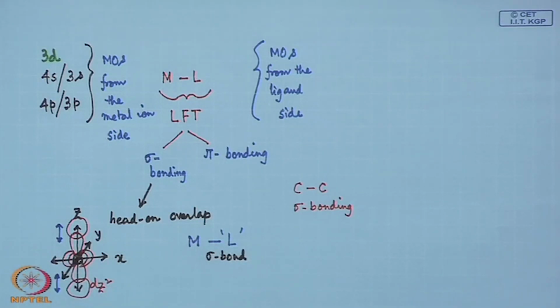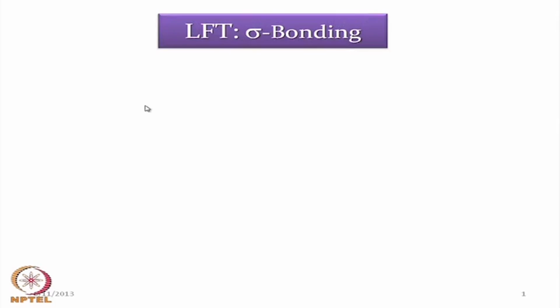So, what we find is that in the theory for the ligand field, we get corresponding to the typical sigma bonding interactions between the metal orbitals and the ligand orbitals, which are on a particular Cartesian axis, and head on overlap is taking place between the metal orbital and the ligand orbital, and that also depends on the number of electrons available in the bonding orbitals, which is available from the metal side and which is available from the ligand side.